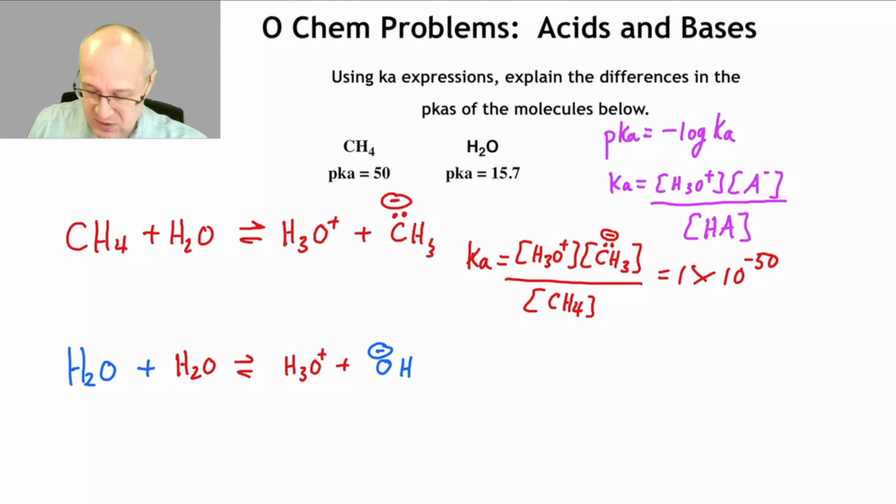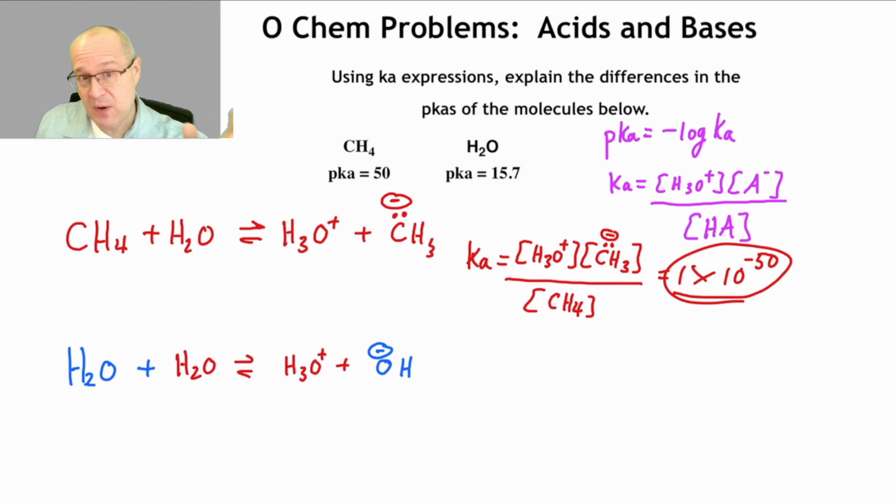And that's going to give us 1 times 10 to the negative 50. So that's a very, very small number. So that means the equilibrium of this reaction lies far to the left. Probably none of these at all in solution. Far to the left. Not acidic, essentially.